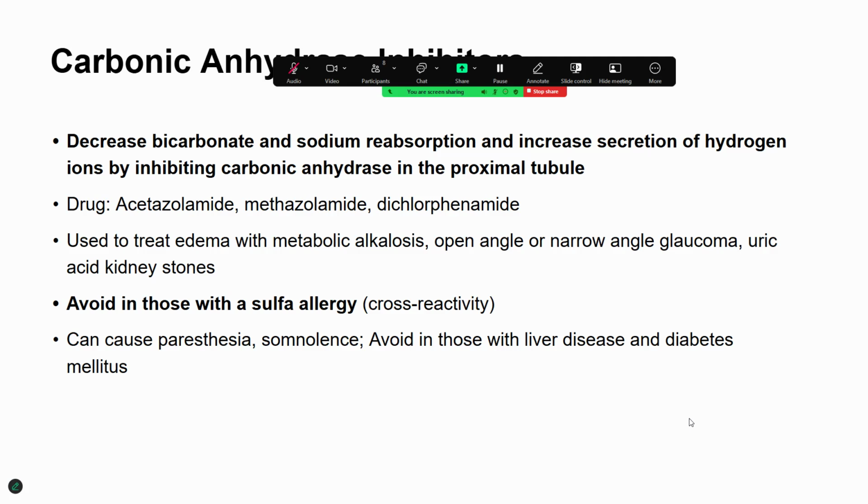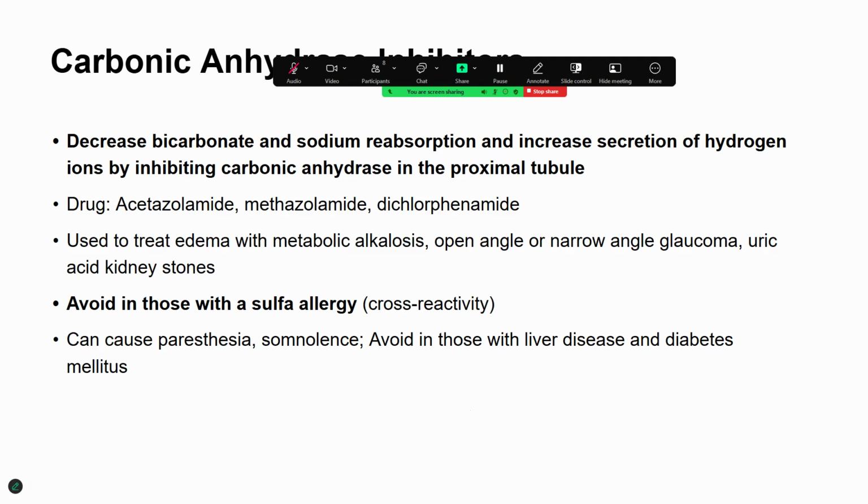They decrease bicarbonate and sodium reabsorption and increase secretion of hydrogen ions. So used to treat edema and metabolic alkalosis. Obviously we won't see that one too often in ESRD patients. Also, if patients are allergic to sulfa, they'll also be allergic to this one.